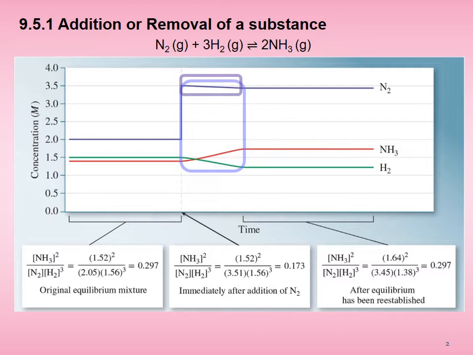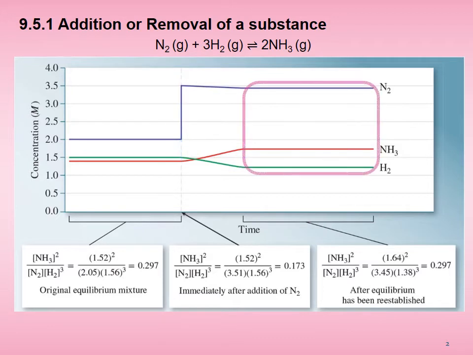Although the system's wish is to totally rid itself of all the newcomer N2 molecules in this manner, it is unable to get all of the extra N2 molecules to react with H2 molecules. It can only compel a small number of N2 molecules to do so. As that happens, H2 concentration decreases a bit and ammonia concentration increases a bit.